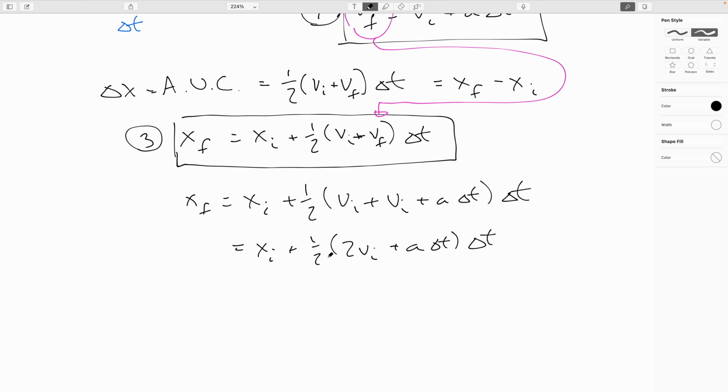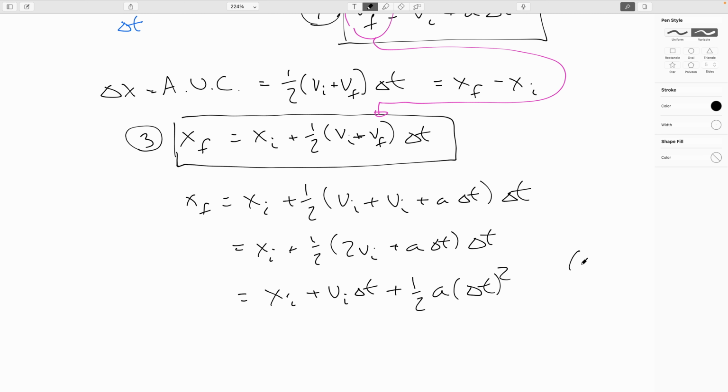And when I times that by half, I'll just have v delta t. So I'll have x initial plus v initial delta t, just multiplying the 1/2 and the delta t against this term. Now if I multiply the 1/2 and the delta t against this term, I'll have plus 1/2 a times delta t squared. Notice I put this in quantities.